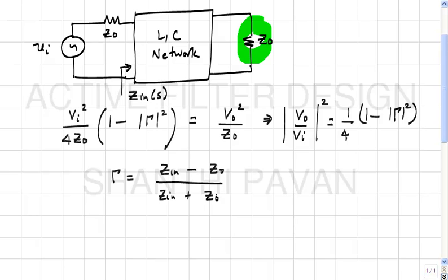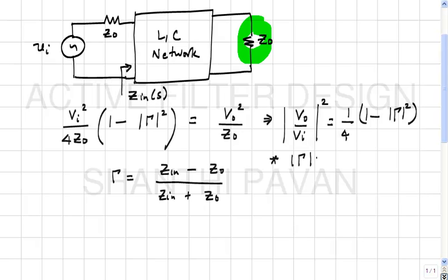In particular, when Zin equal to Z0, gamma is 0, and that is the familiar matched condition as they call it, because all the available power from the source is absorbed in the load and none of it is reflected back. And please note that at the maxima of transmission of the filter, what can you say about gamma?